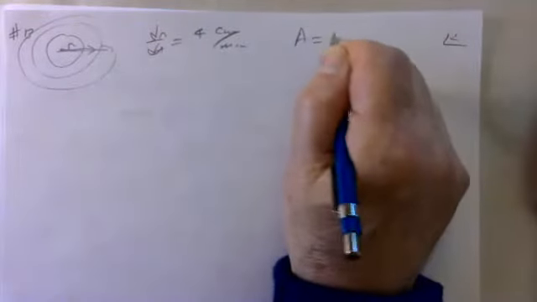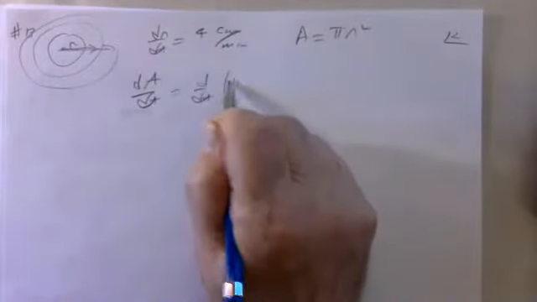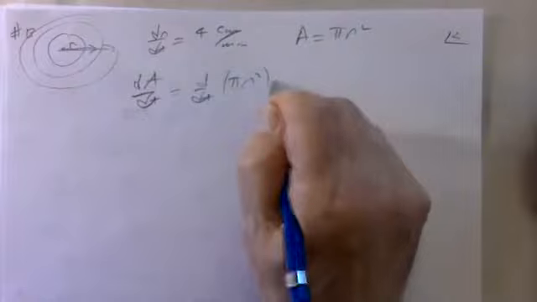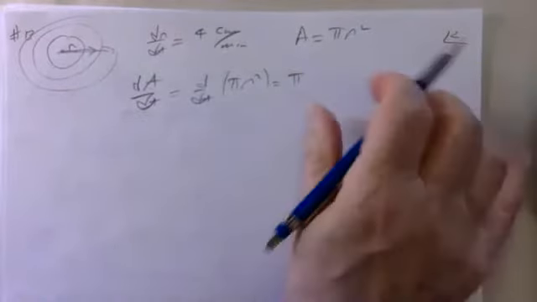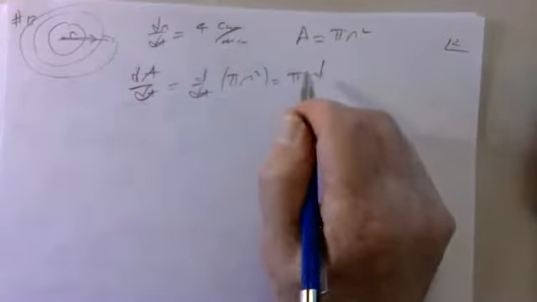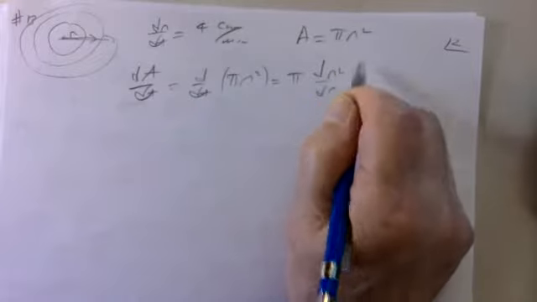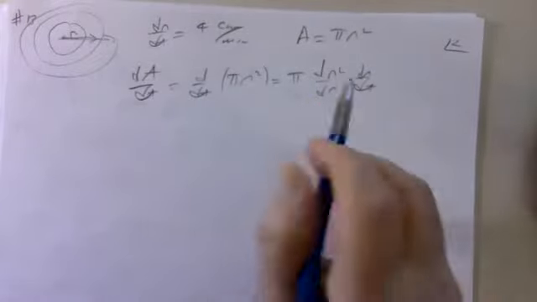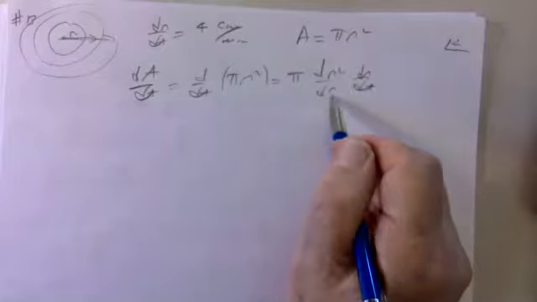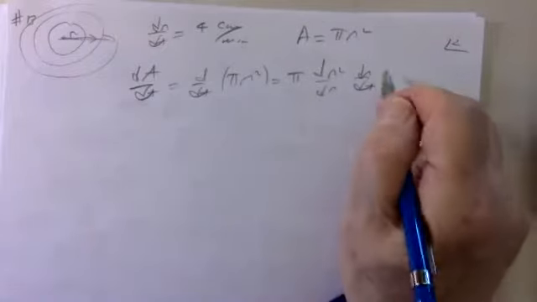Well, you know the area of a circle is pi r squared. So if you differentiate with respect to t, dA dt is the derivative with respect to t of pi r squared. That's pi, the derivative of r squared with respect to r, times dr dt. The derivative of r squared with respect to r is 2r.